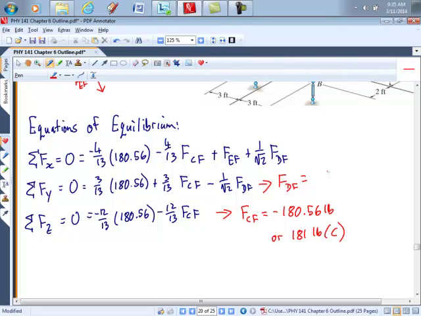Remember, this one has a negative value, so it's going to be 0. And if that one's 0, then what's FEF going to be? 0.